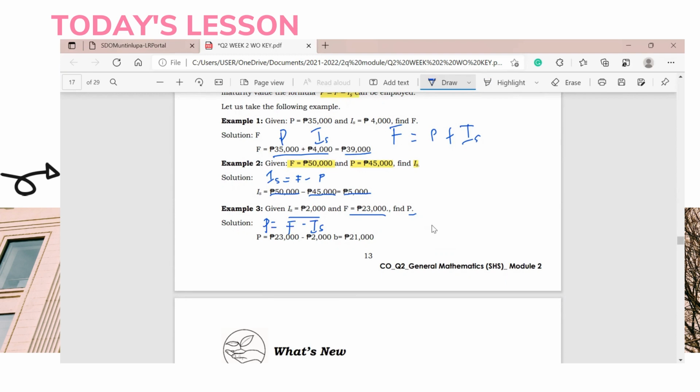So, 23,000 minus the simple interest, the principal value is 21,000 pesos. So, that's how we will solve for simple interest, the future value, and the principal.